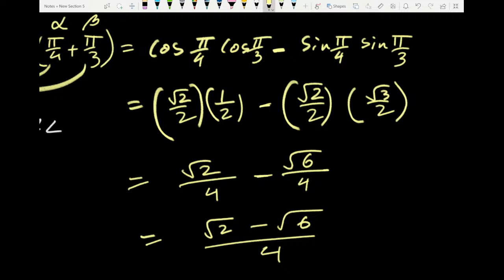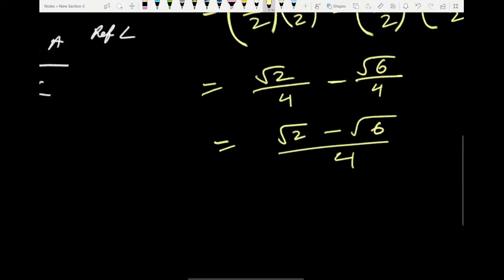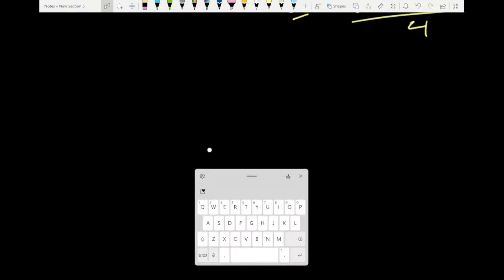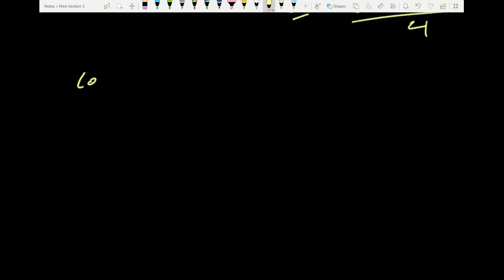Let's do another problem. Cosine of 15 degrees. This is what we'll be looking at.